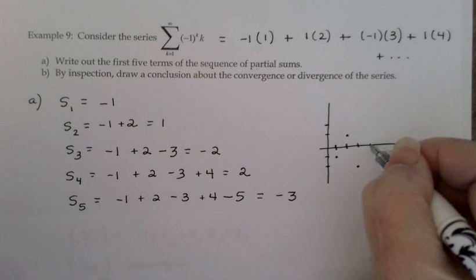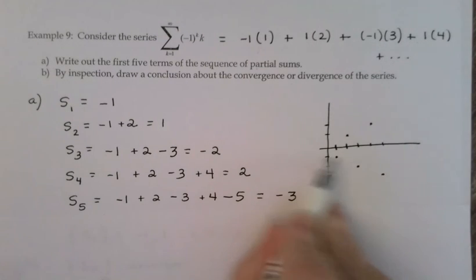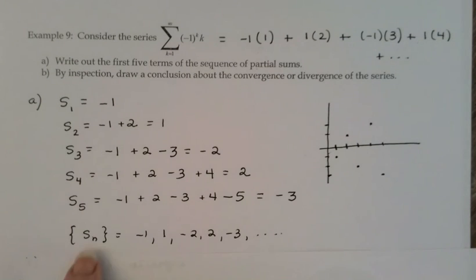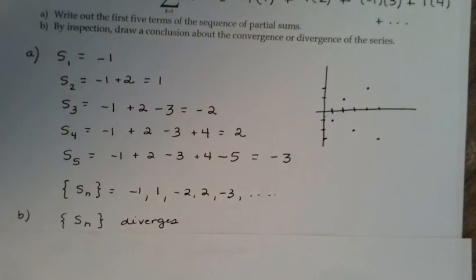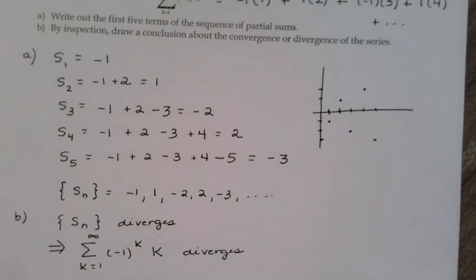When n is 4, I'm at +2. Then down to -3. These are spreading apart, not getting closer and closer together. So when I write down that sequence of partial sums and visualize it this way, I can see that the sequence of partial sums definitely diverges. Since the sequence of partial sums diverges, I can conclude that the original infinite series also diverges.